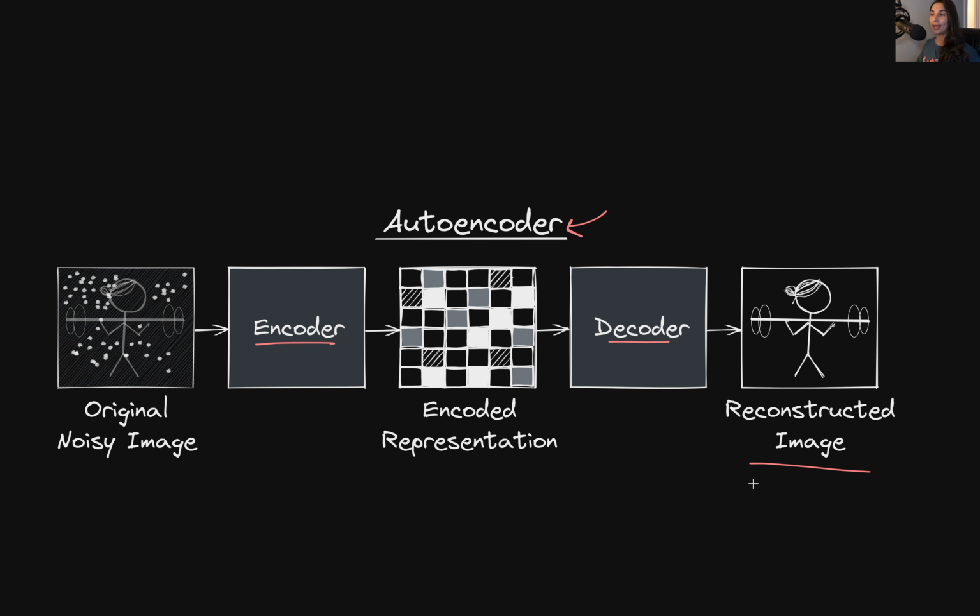Now, this is just a depiction of a general autoencoder, which is being used to reconstruct a noisy image. So we are passing in this noisy image, it's getting encoded and then decoded so that the image is reconstructed to be a more clear and less noisy image.